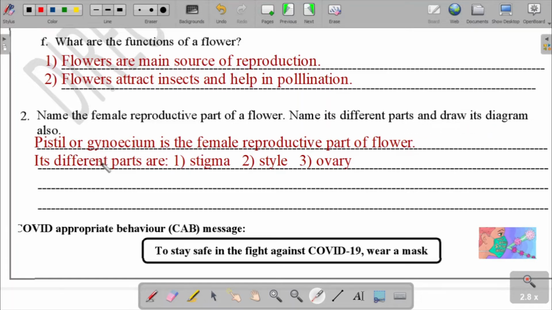So you have to name the female reproductive organ, and you have to even give the different parts of the female reproductive system of flower. So the answer is, pistil or gynoecium is the female reproductive part of a flower, or you can also call it carpel, and its different parts are stigma, style and ovary.